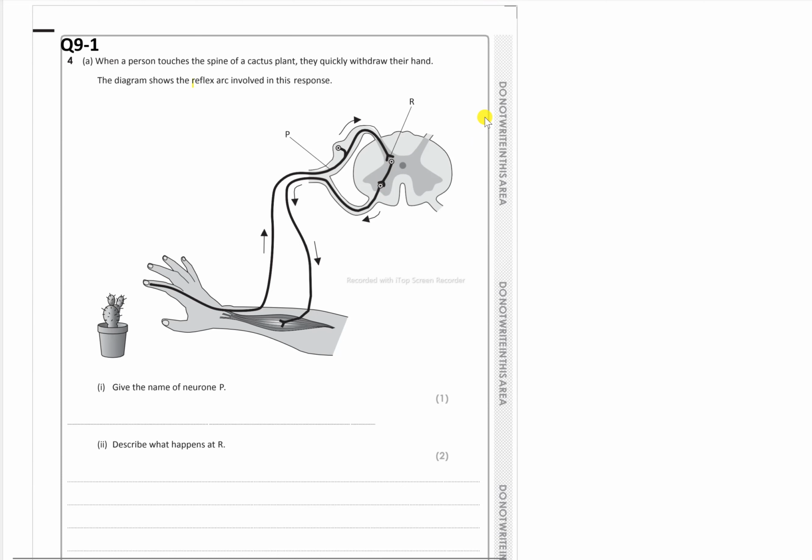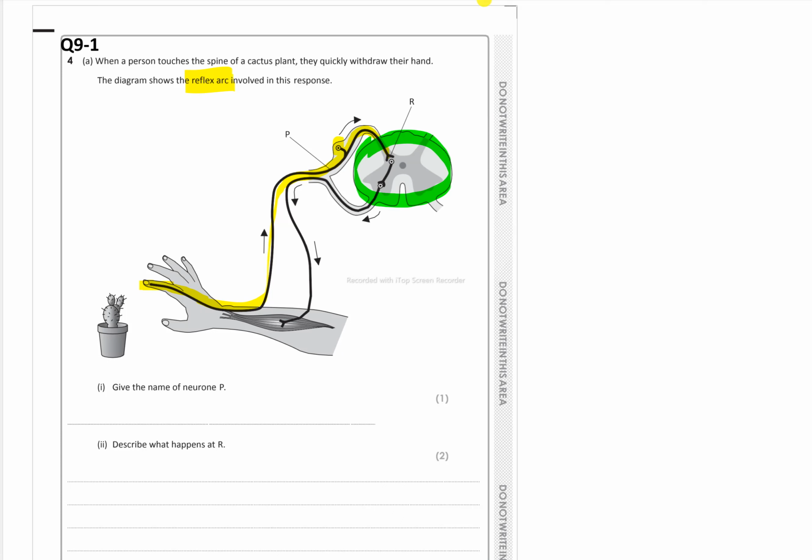So this is a reflex arc, an automatic response to danger. So you've touched something sharp. This is the sensory neuron. That's the cell body. It goes into the central nervous system. This is your spine.